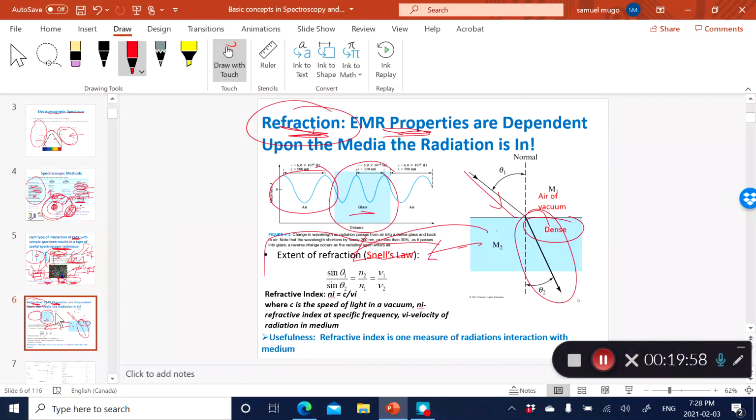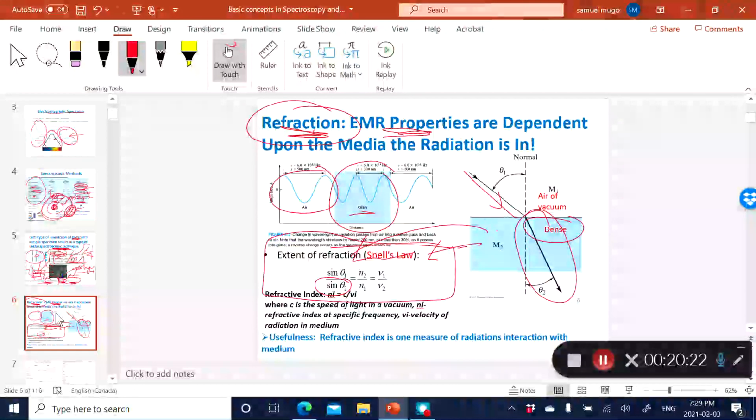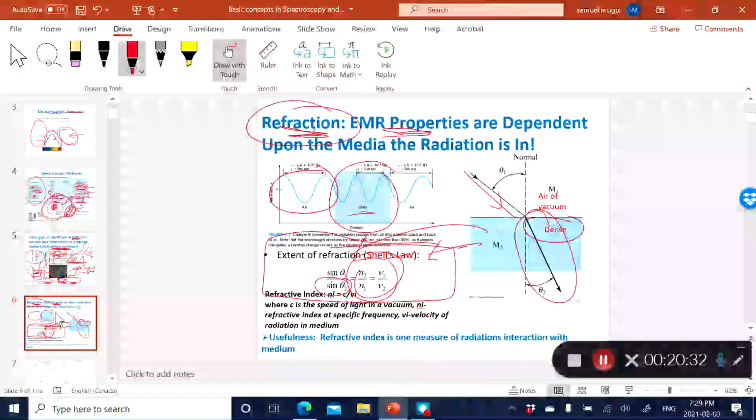And it's based on this relationship called Snell's law, where sine theta 1 is the incident angle at which the light is shone on the material, and sine theta 2 is the angle at which the light leaves the dense material, and the others are the ratio of the refractive index of material 1 and the refractive index of material 2.